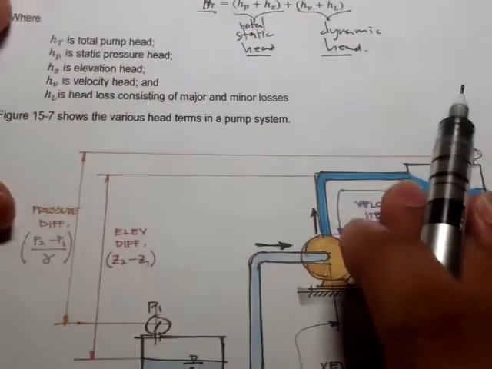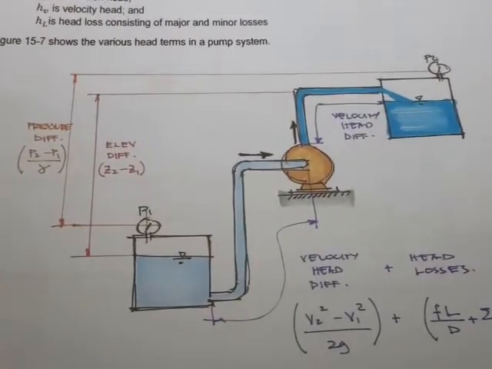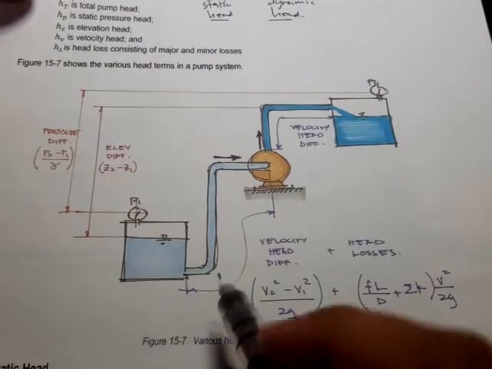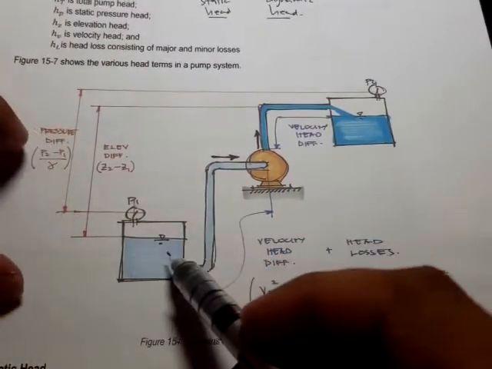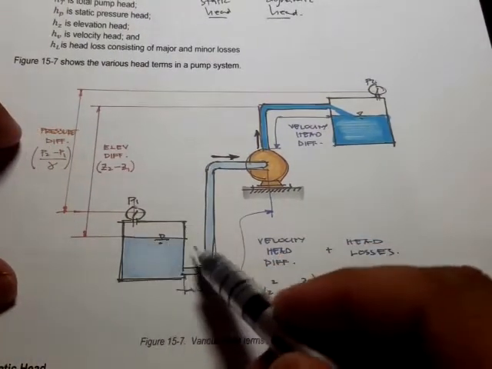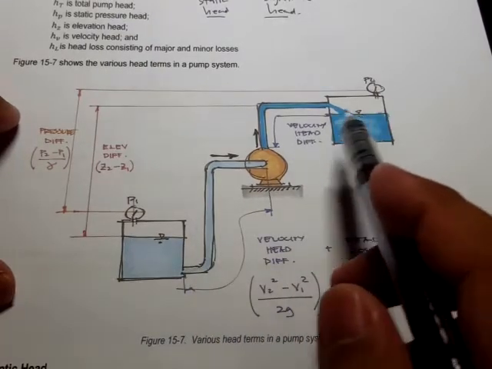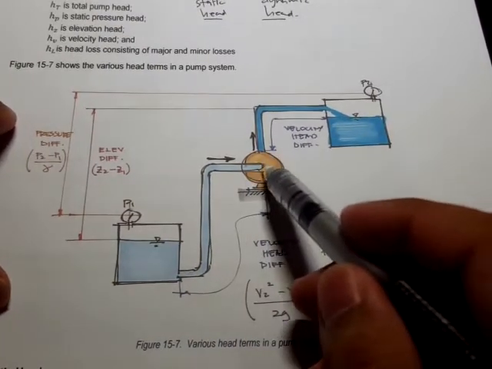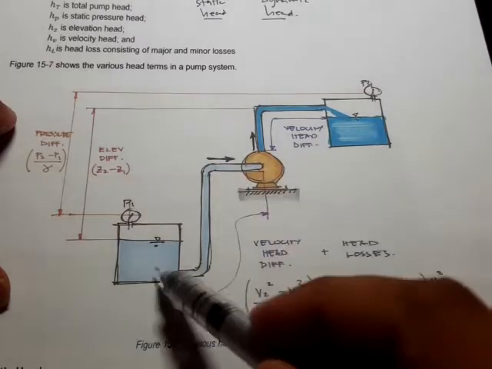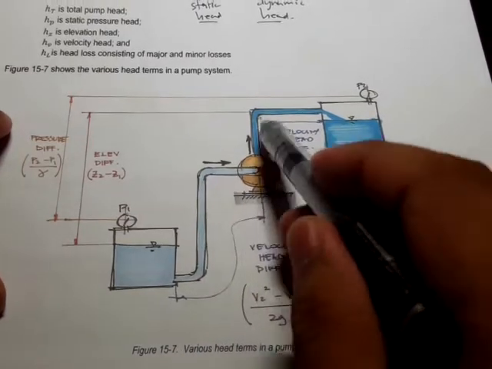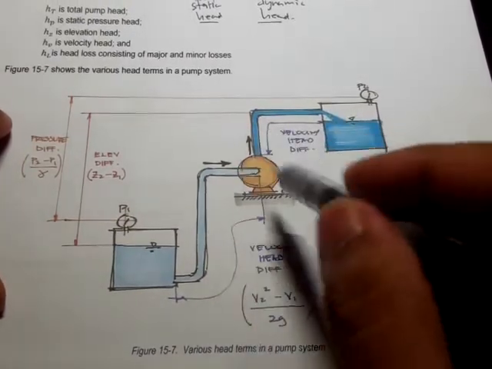Right, so for example, here's our pump system. We have this lower source, here's our higher source, and here's our pump. That means this is our suction side, and this will be our discharge side.